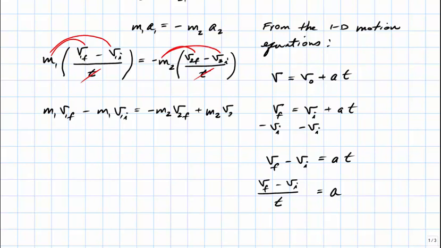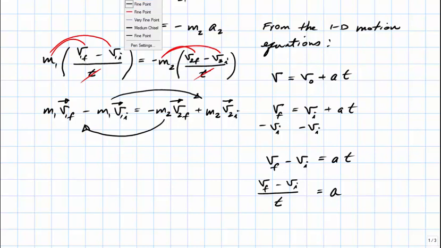m2 v2 initial. Now, in order to note that these velocities are vector quantities, we're going to introduce arrows on top of these, because the direction of the velocity is very important within our consideration. What we'll do next is we will separate the final terms from the initial terms by bringing this term to the left-hand side, and we'll bring this term over to the right-hand side.